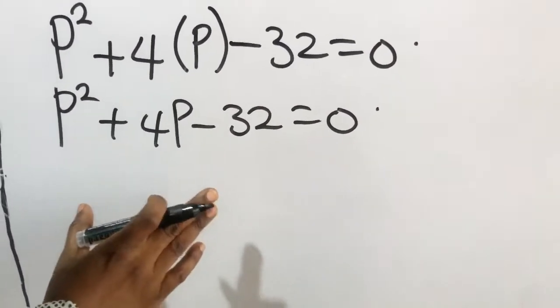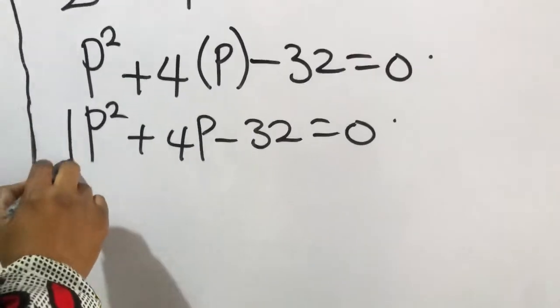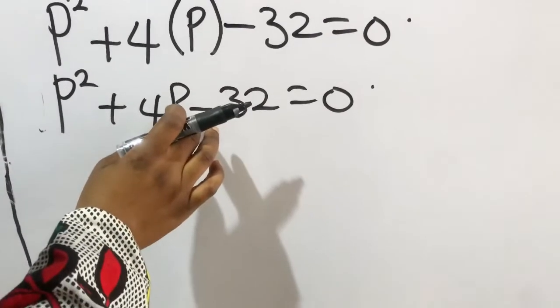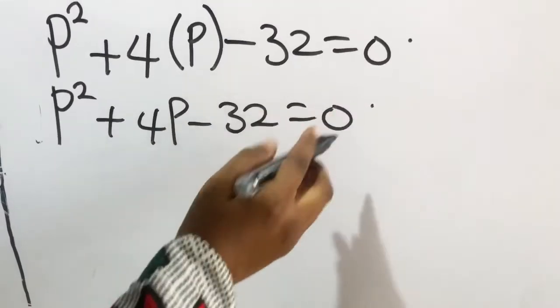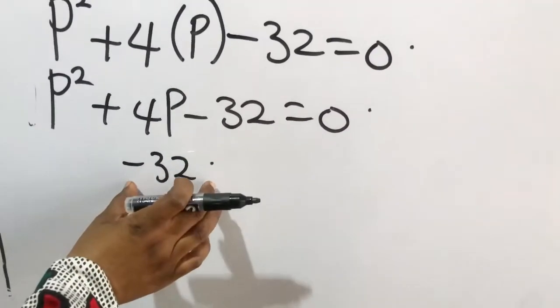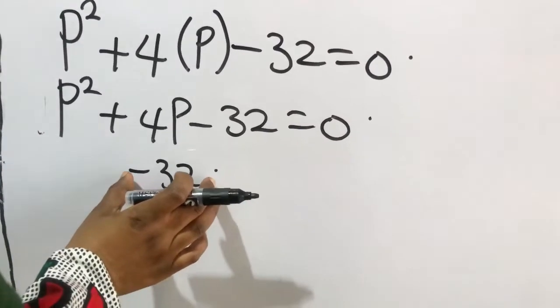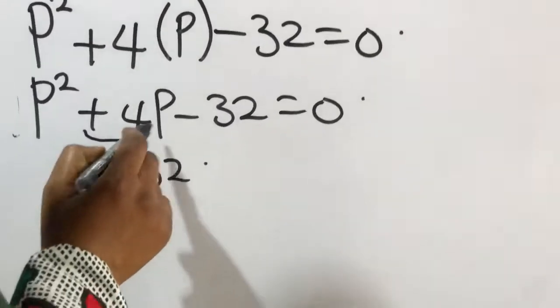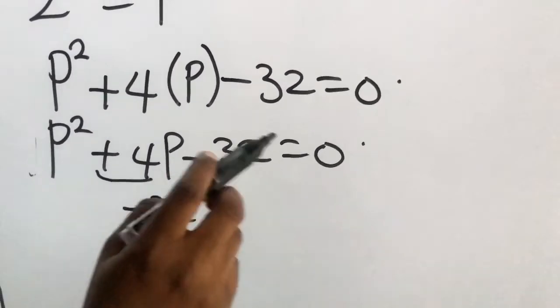Now the next thing is that we have to multiply the coefficient of p squared, which is plus 1, by minus 32. So we have minus 32. Then you have to look for 2 factors of minus 32 that after adding them together, you are going to get plus 4. And that is 8 and 4.